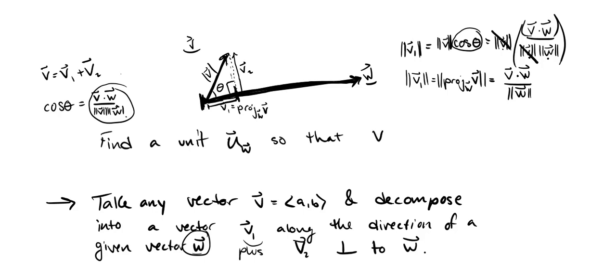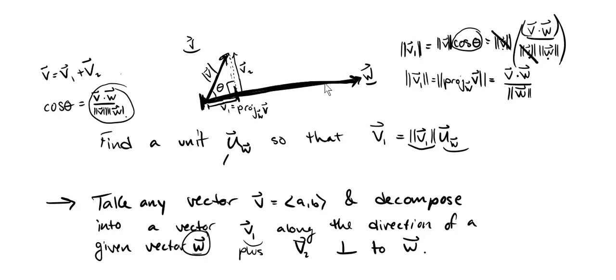So that V1 equals the correct magnitude times that unit vector, which doesn't bring any extra magnitude with it because its length is 1. We just take the right magnitude, the scalar length we need, and multiply it onto a unit vector in the correct direction. Well, the correct direction is the direction of W, right? The direction of W is the direction we want this projection vector to be in.